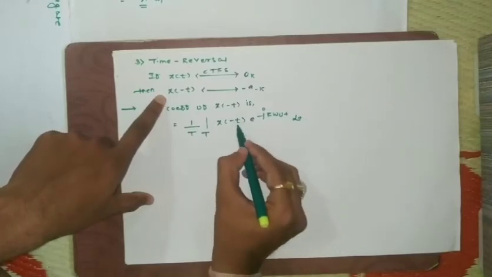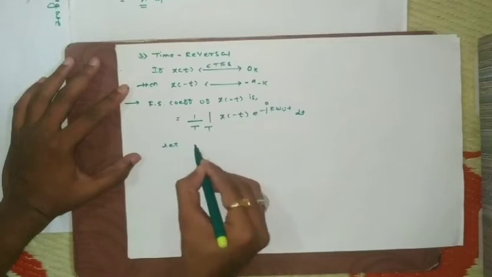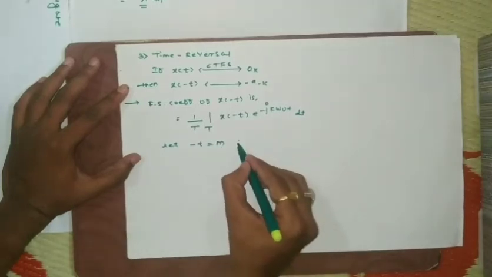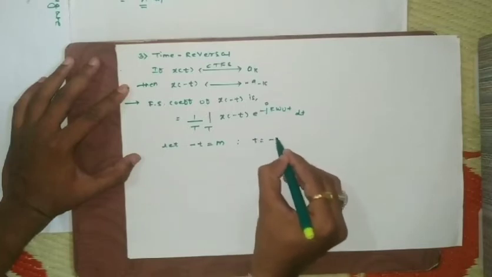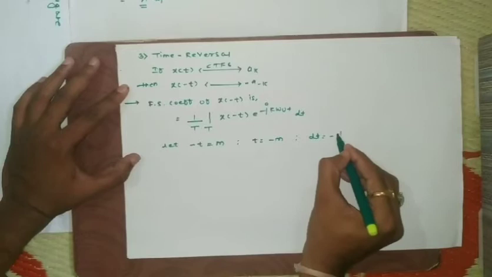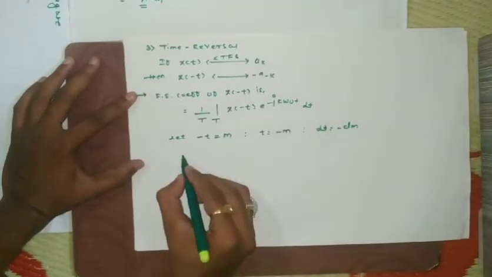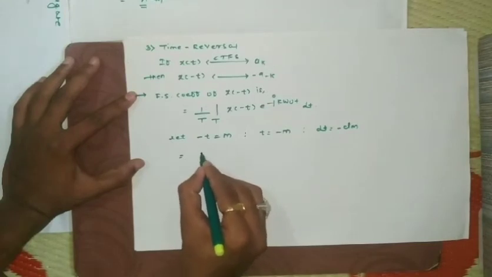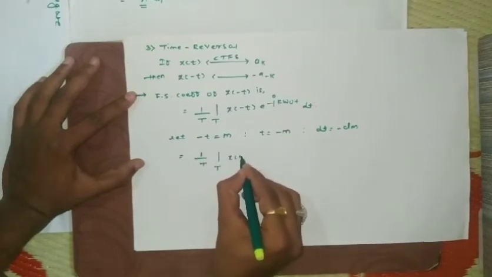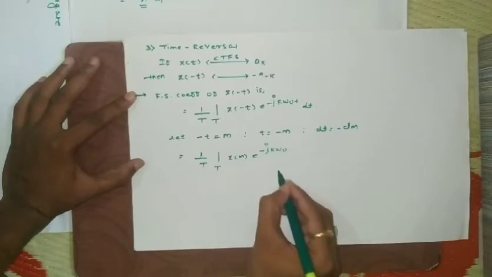Now here we have -t, but we need a single variable term, so again we'll go for the same method. Let -t equal m, so t becomes equal to -m. If we differentiate on both sides, we'll get dt equals -dm. Now we'll put all these values in the given equation. This becomes 1 upon T integration, this is x(m) e raised to -jk omega naught.